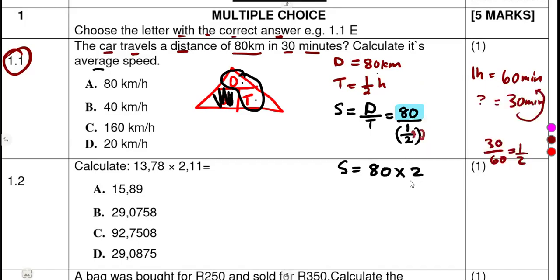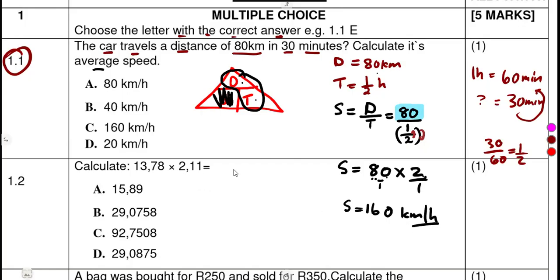So it will be 2/1. Under multiplication, you can multiply together 80 times 2. That is what? 160. 2 times 0 is 0, 2 times 8 is 16. So that is 160 kilometers per hour.